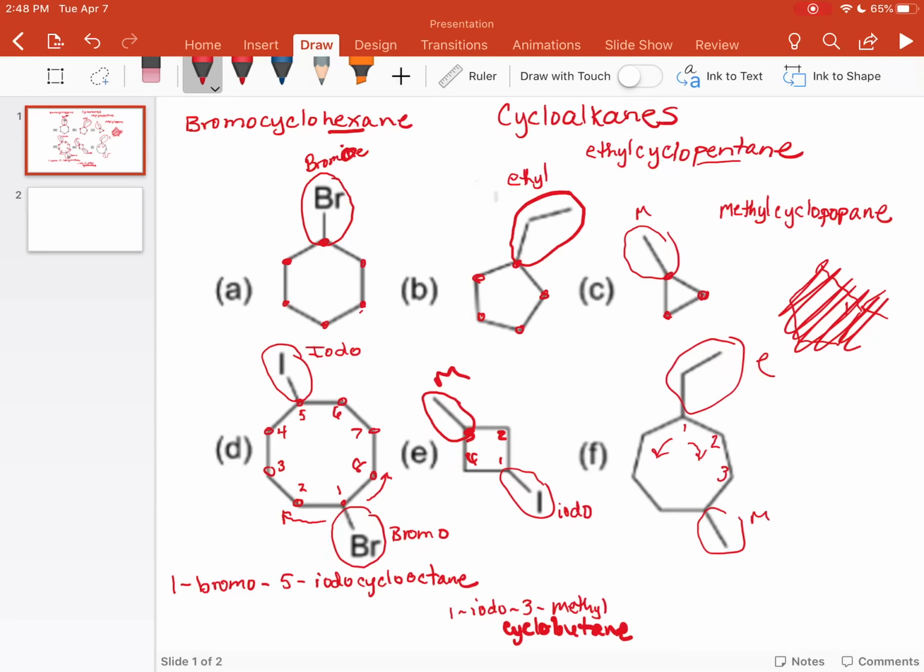You couldn't tell where I was pointing. So I counted this is a 7-sided cyclostructure. And we have 1-ethyl-4-methylcycloheptane. Hept is the prefix for 7, ane.